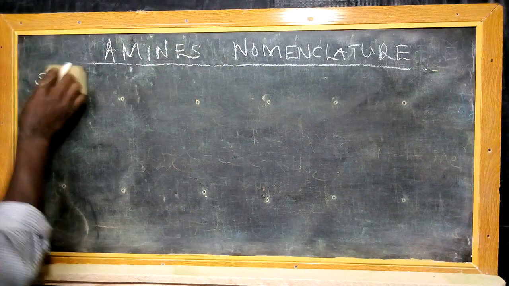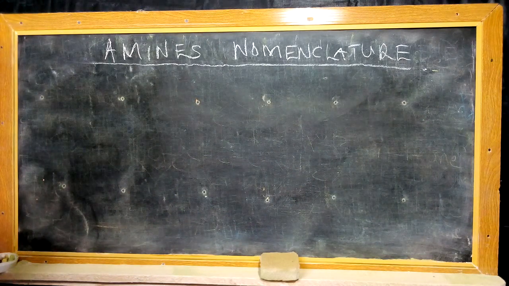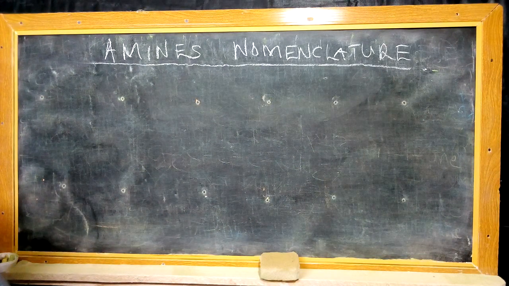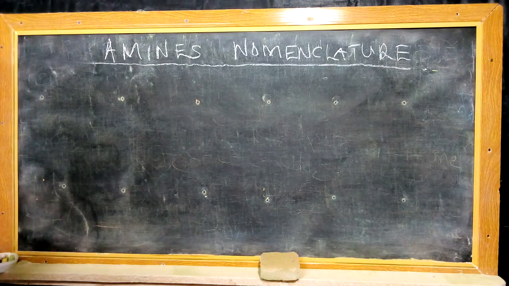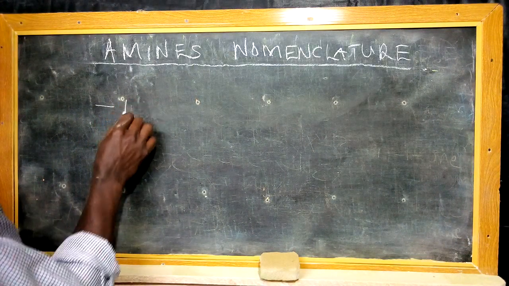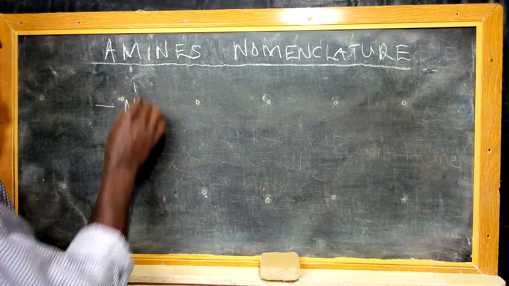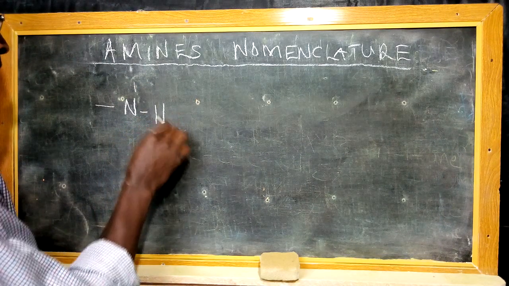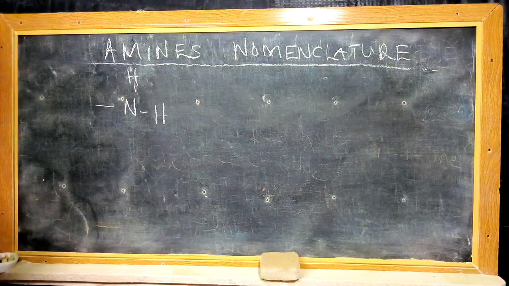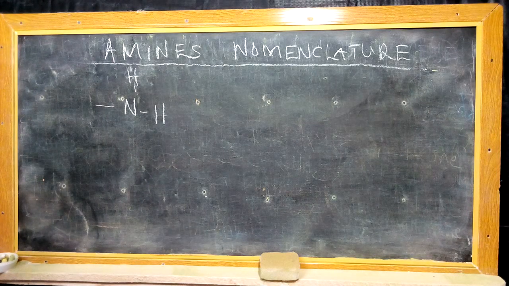We shall give a functional group to represent the amines, and try to see how these amines appear. The functional group for amines is represented by this particular structure.